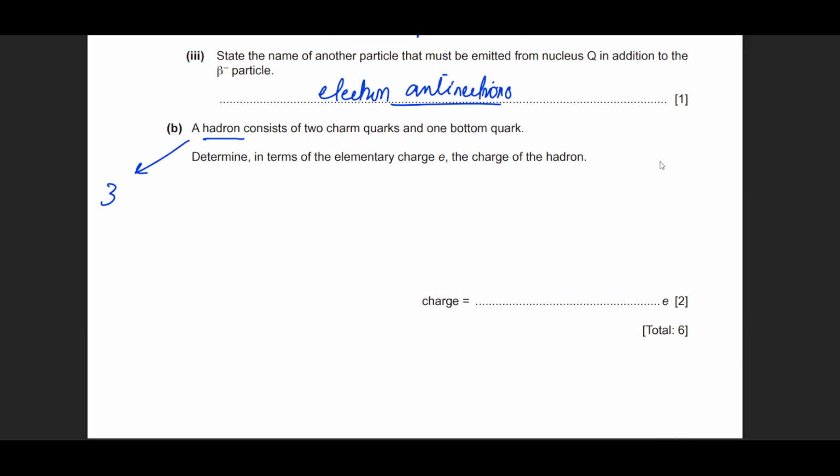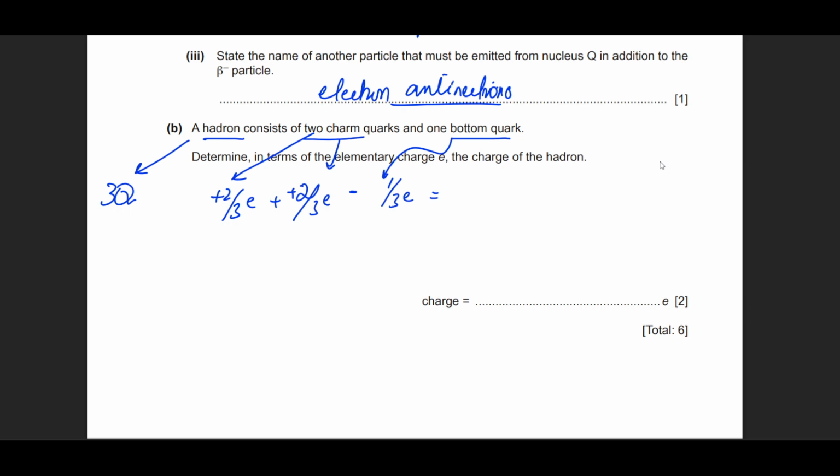Hadrons have 3 quarks always. And he says that there are 2 charm and one bottom quark. That is okay, fine. So he says what is the elementary charge in terms of e? No problem. Now 2 charms have +2/3 elementary charge, charm 1, charm 2, and the bottom quark is actually -1/3 e.